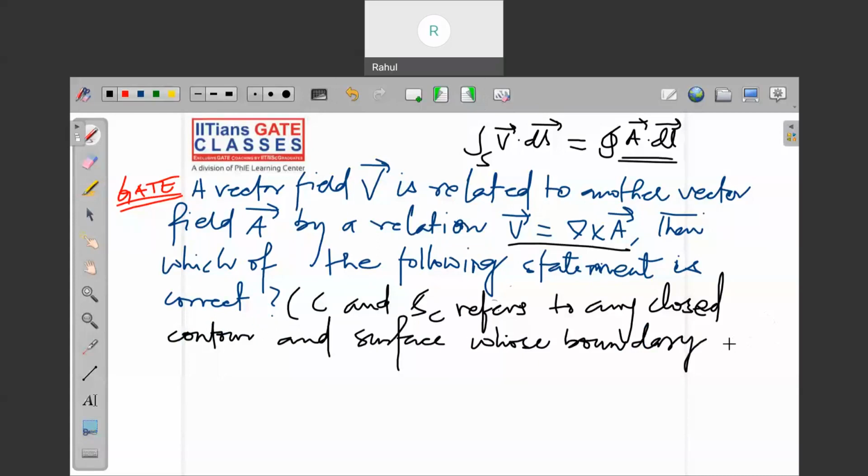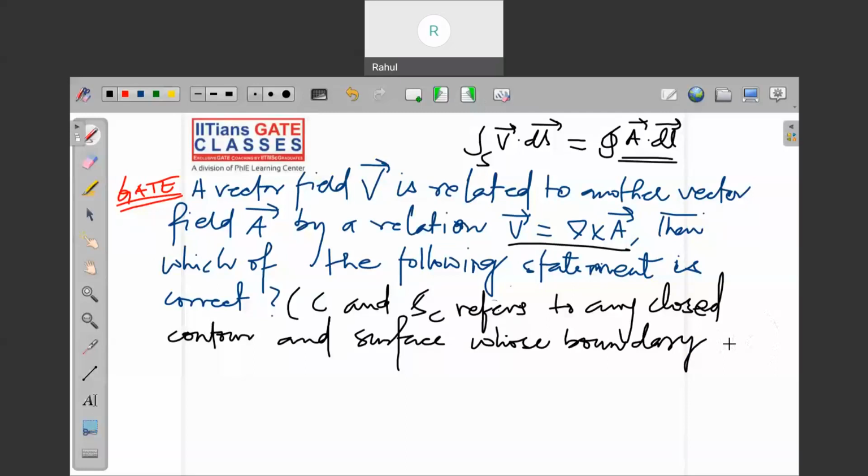Okay, a vector V is related to another vector field A by the relation V equal to A cross del cross A. Then which of the following statements is correct?